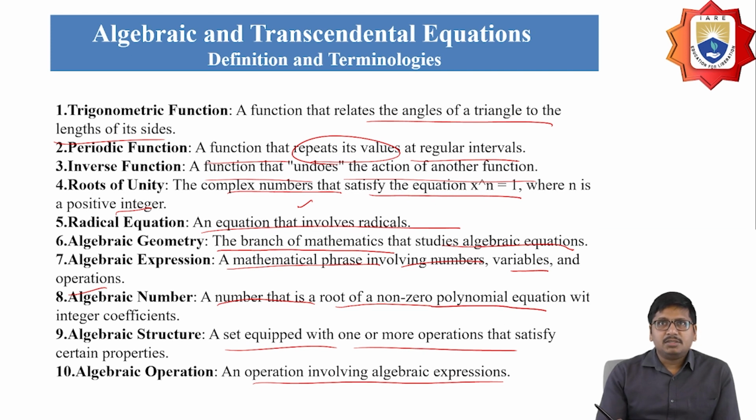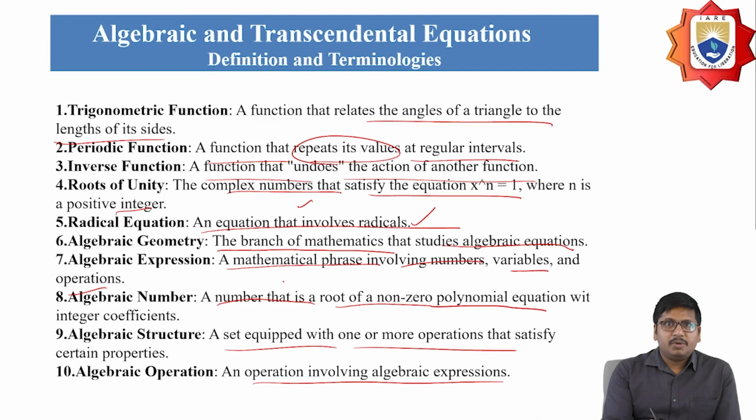A function that relates the angles of a triangle to the lengths of its sides is called a trigonometric function. A function that repeats its values at regular intervals is called a periodic function. A function that undoes the action of another function is called an inverse function. The complex numbers that satisfy the equation are called roots of unity. An equation that involves radicals is called a radical equation.